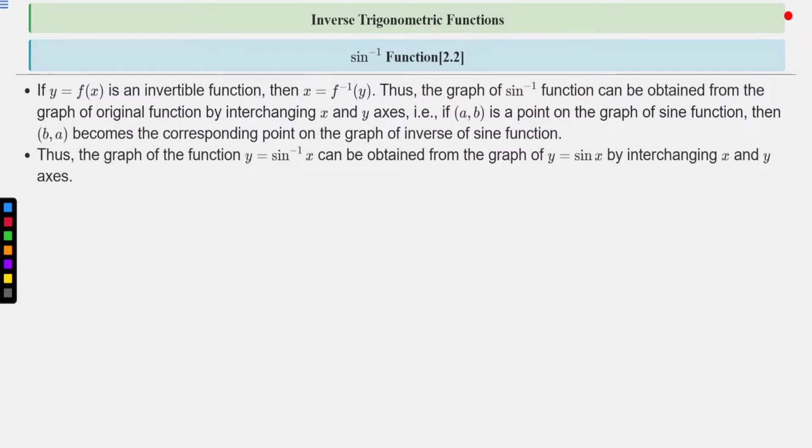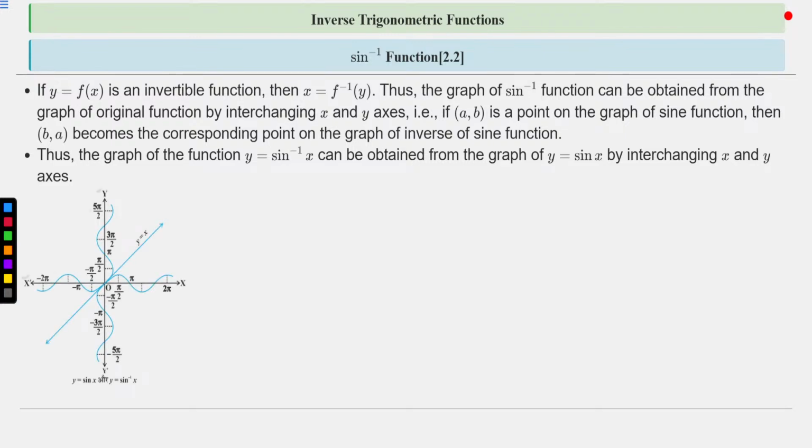Thus the graph of y equal to sine inverse x can be obtained from the graph of y equal to sine x by interchanging the x and y axes. So we can easily find the graph of y equal to sine inverse x using the graph of y equal to sine x.